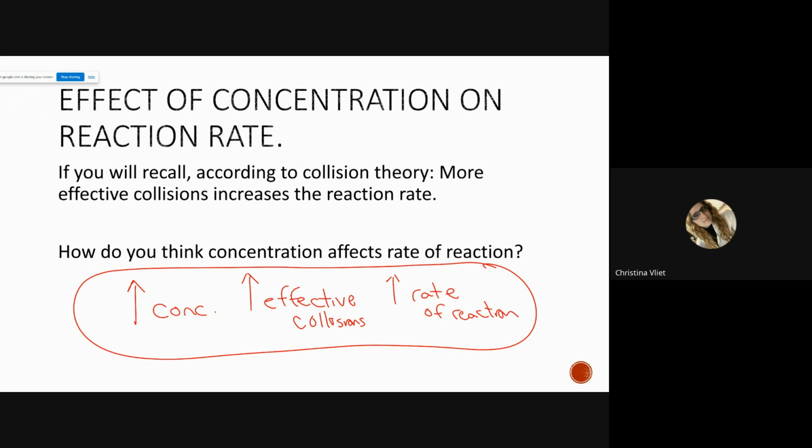If I increase the temperature, do you think the reaction goes faster or slower for most chemical reactions? Faster. And so a lot of this unit is sort of intuitive in that way. We know that if we raise the temperature, it's going to go faster. Why? We have more energy. If we have more energy, we're more likely to have an effective collision.